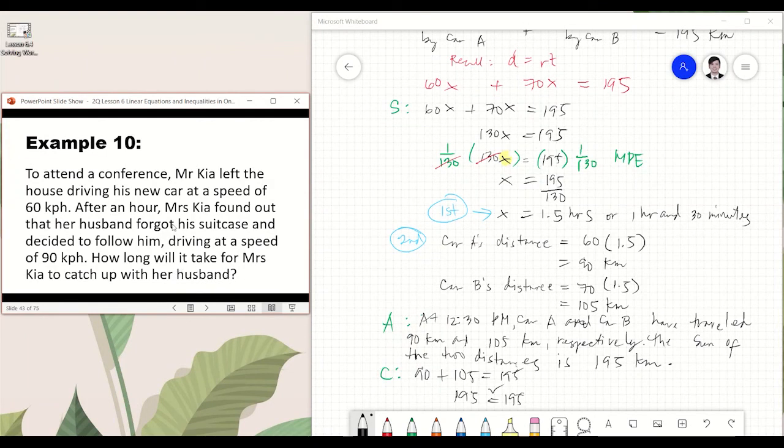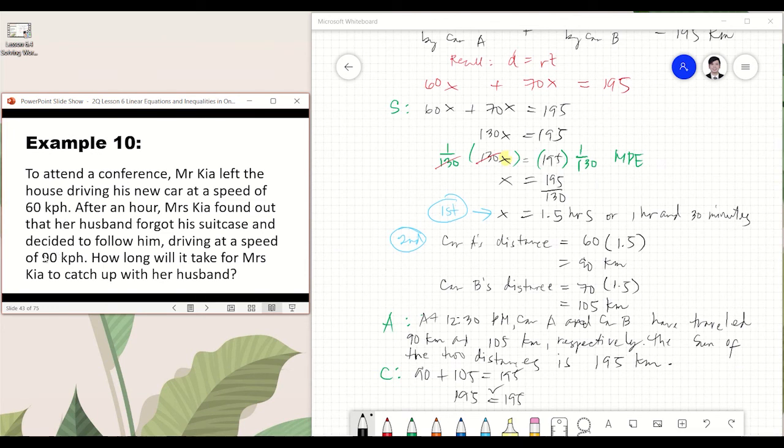So of course, kung gagamitin natin yung common sense, if si Mr. Kia, siya yung nauna, okay, it's like saying na para ma-catch up ni Mrs. Kia si Mr. Kia, dapat mas mabilis pa siya kaysa sa kanya. So, kaya si Mrs. Kia, yung speed niya is 90 kilometers per hour compared to her husband, which is just 60 kilometers per hour.